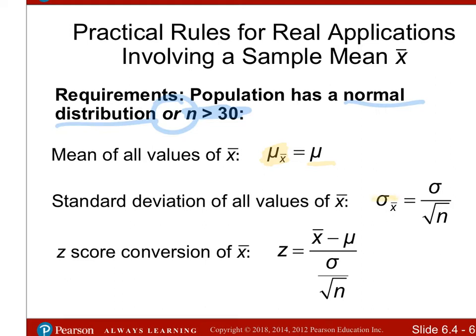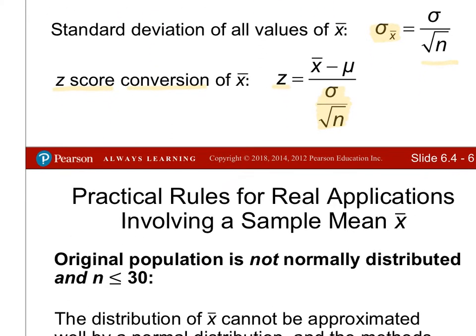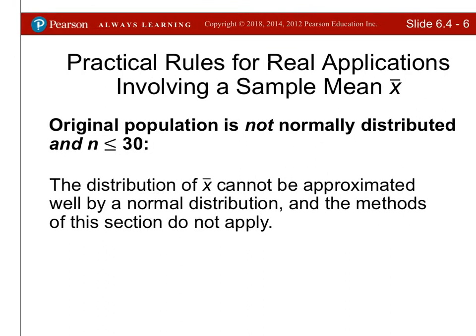And the standard deviation of the means is just the standard deviation of the population over the square root of n. And so we need z-scores in order to be able to find areas. There's our z-score formula. It looks almost exactly like the z-score formula we had before, but on the bottom we're using this formula because this is the standard deviation for when we're asking questions about means. All right? And we'll see an example here in a second.